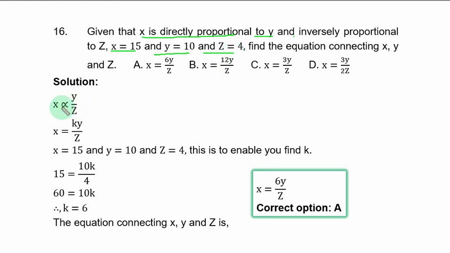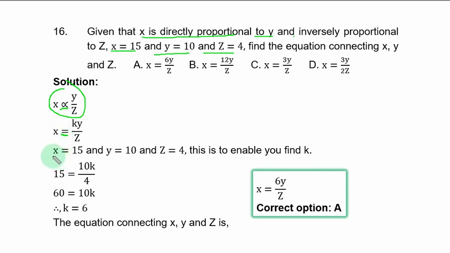Solution: s is directly proportional to y and inversely to z is what you have here. Now in variation or proportion, we always do away with the symbol of variation by introducing equality sign. As you are doing that, you also introduce a constant of variation, k or c.